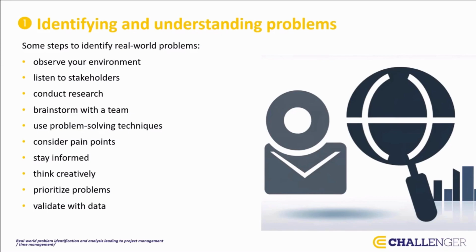Quantitative data, qualitative feedback, and real-world examples can help substantiate the existence and significance of problems you've identified. By following these steps and adopting a proactive and analytical mindset, you can efficiently identify real-world problems and lay the groundwork for meaningful solutions and improvements.